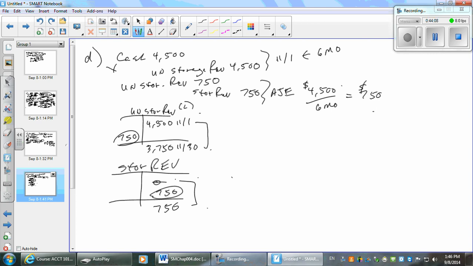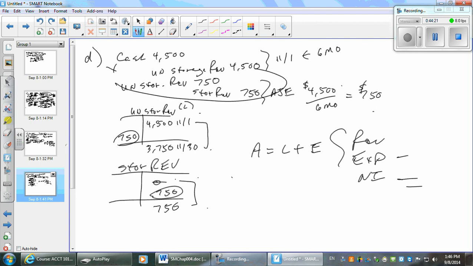Okay, so let's try it again. Here's the entry. Debit unearned revenue, what'll that do? Lower liabilities. Credit storage revenue, what'll that do? Increase revenues. Nothing else changed.